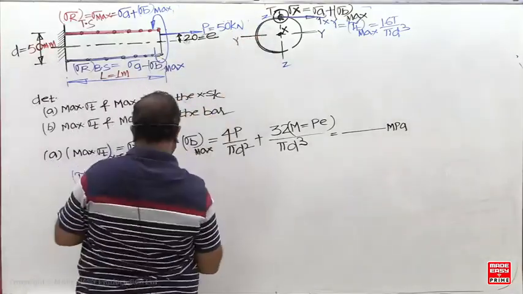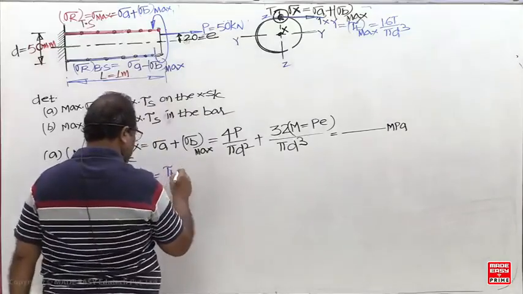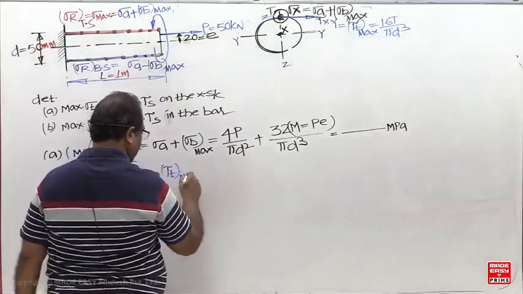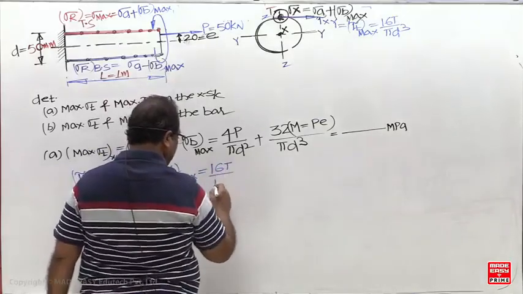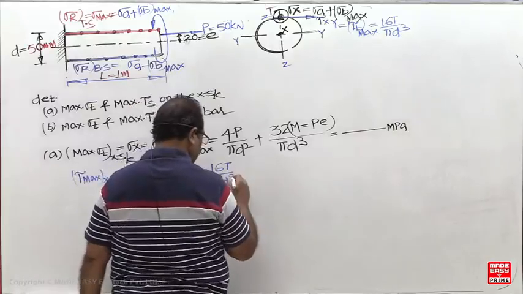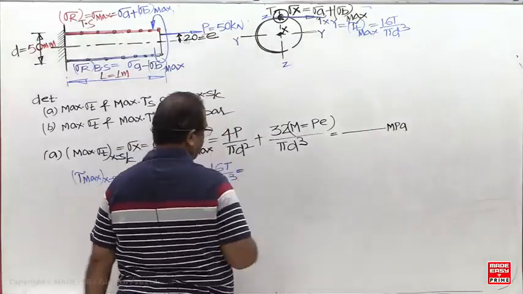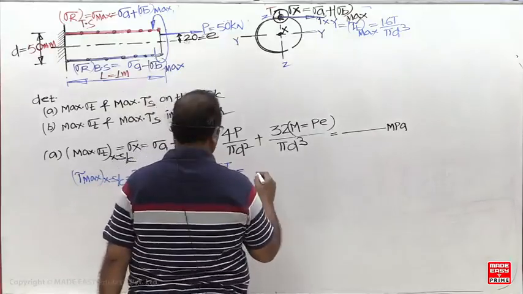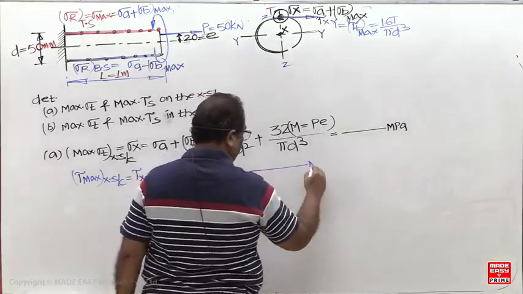This is tau xy, this is tau t max, 16T by pi d cube. The twisting moment value is given in the question. You can complete it now.